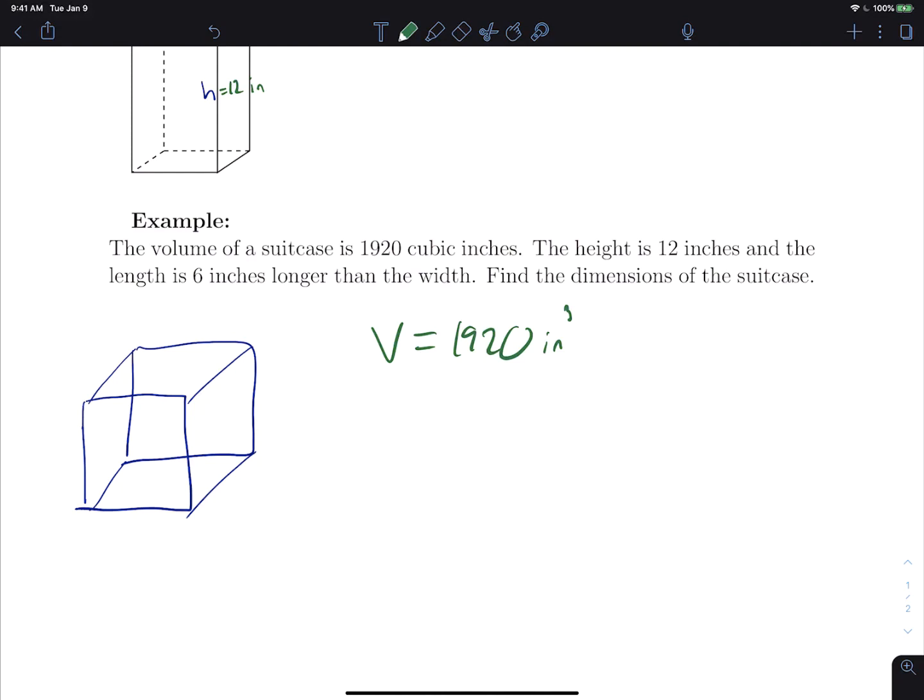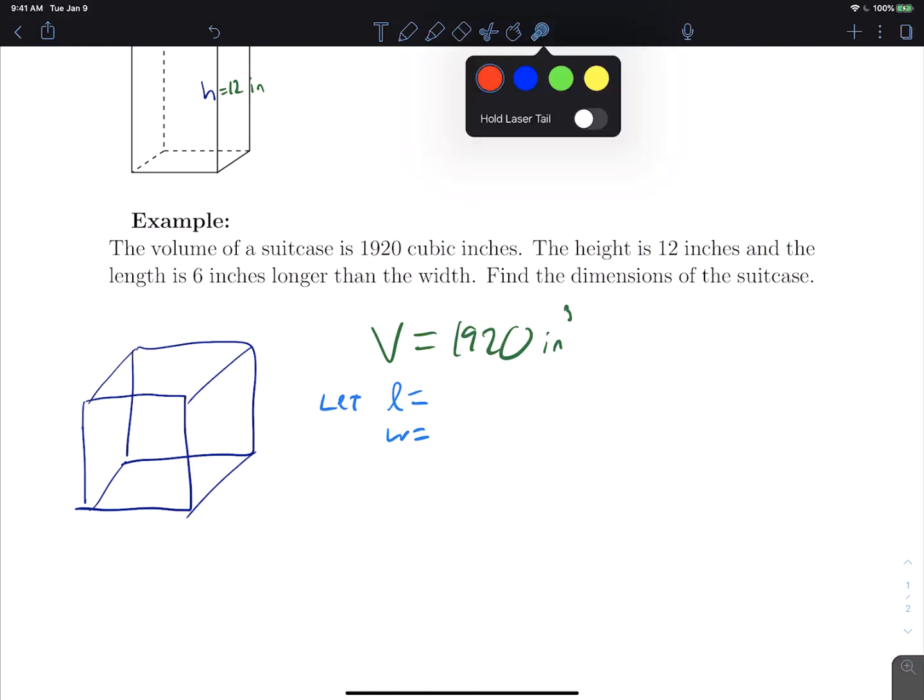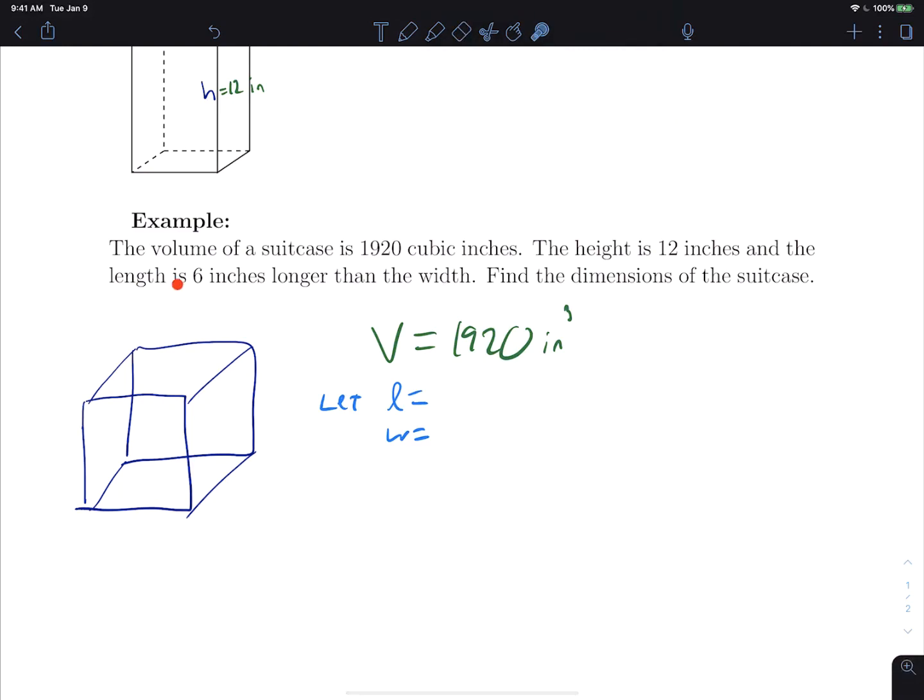So what I'm going to do is define a variable. I'm going to let either L or W equal something. The length is 6 inches longer than the width.